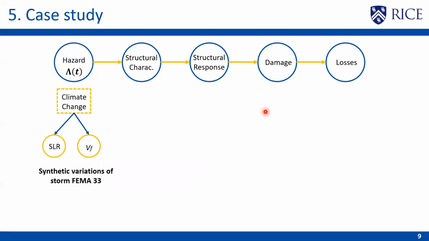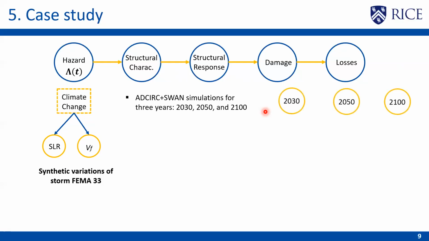We do this through synthetic variations of storm FEMA 33, a synthetic storm that leads to surge depth values related to a 100-year return period. So we start with simulations for 3 years: 2030, 2050, and 2100. Although for representation purposes, we're just going to use the year 2050 for the results.